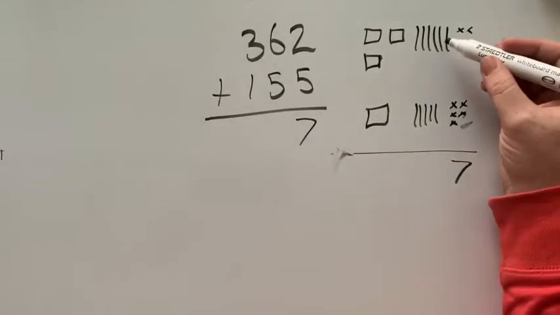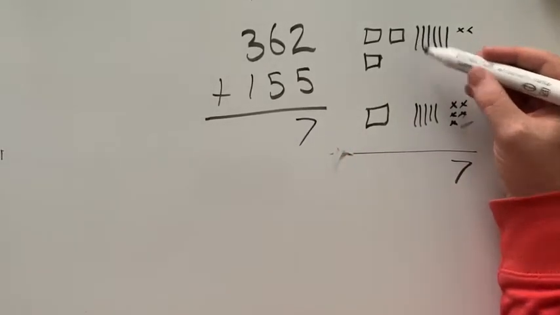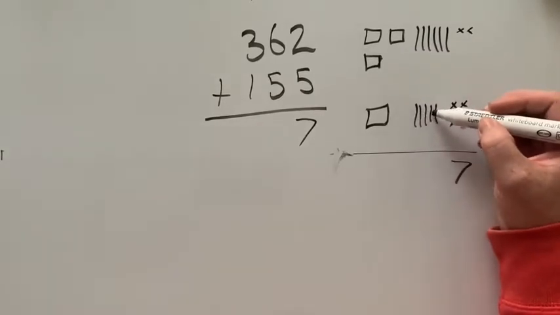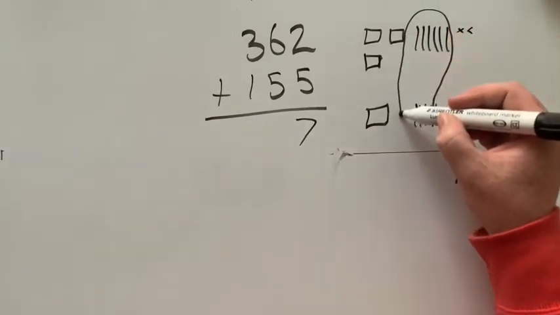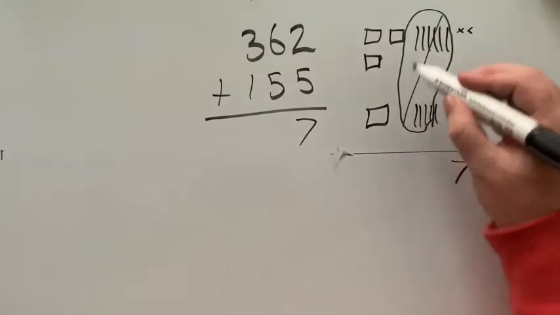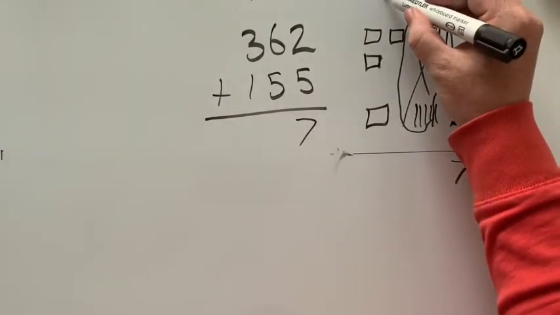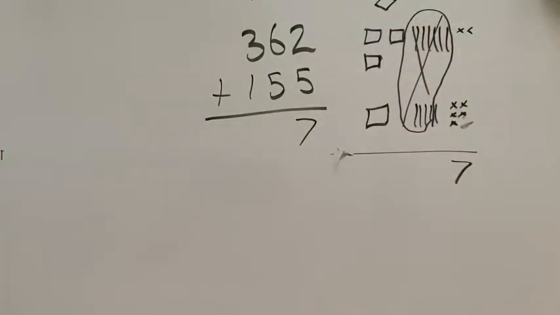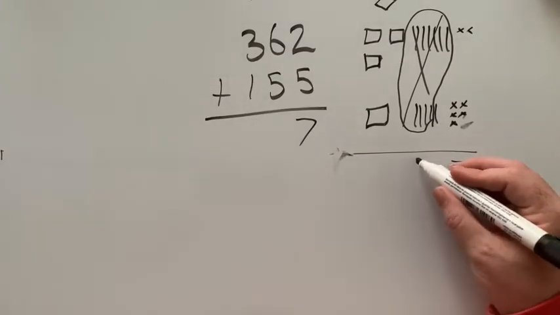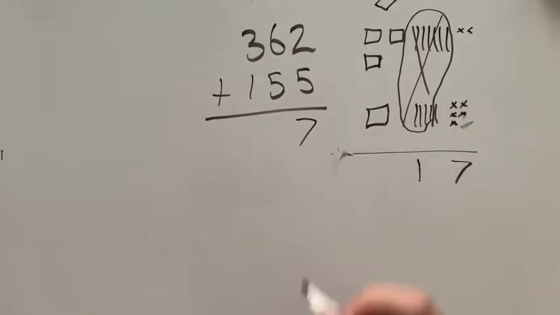Count the 10s. 1, 2, 3, 4, 5, 6, 7, 8, 9, 10. So again, we circle them, we cross them out, and we rename 100 here, so it visually looks different. And there is 1 10 left over. Same thing here.